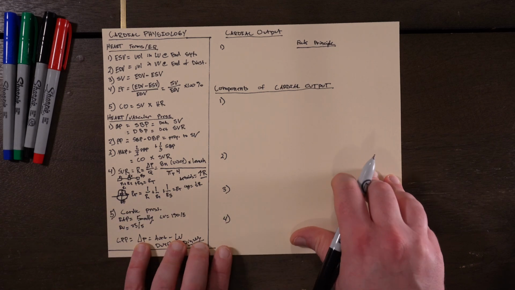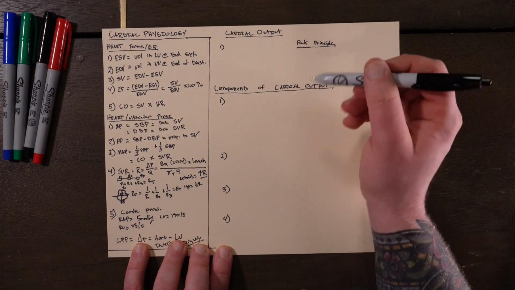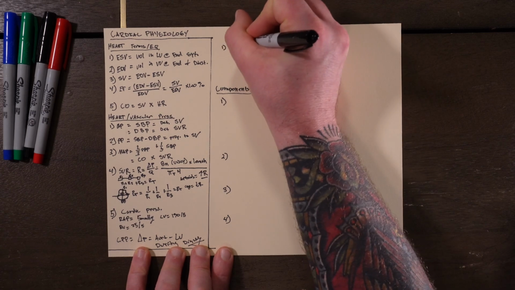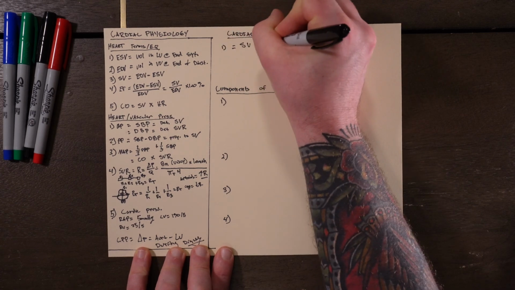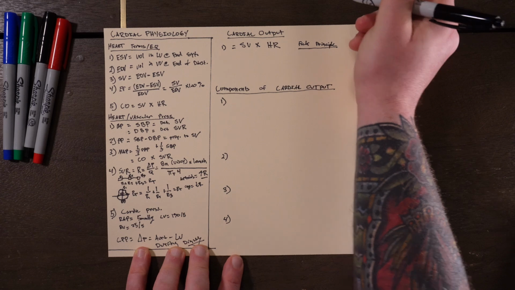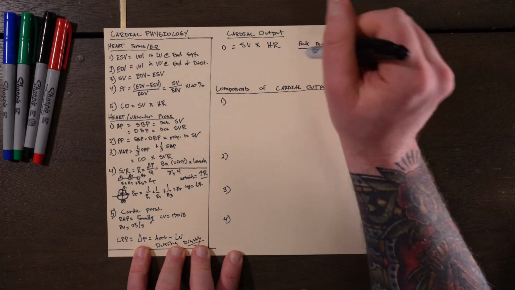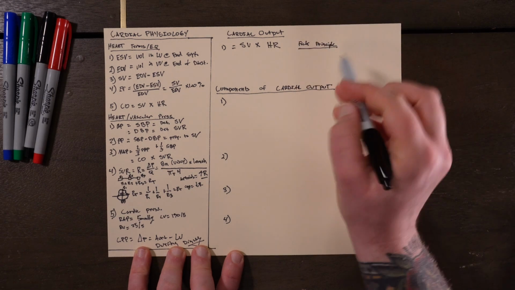Next, we're going to talk about cardiac output. Cardiac output, as we said, is equal to stroke volume times heart rate. Now, we can also deduce cardiac output from something called the Fick principle.